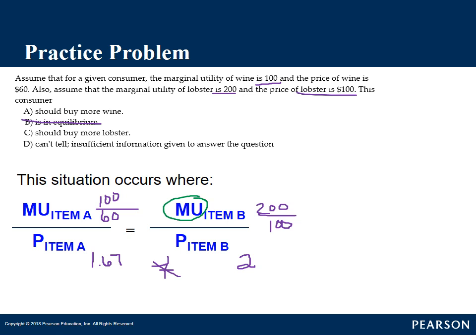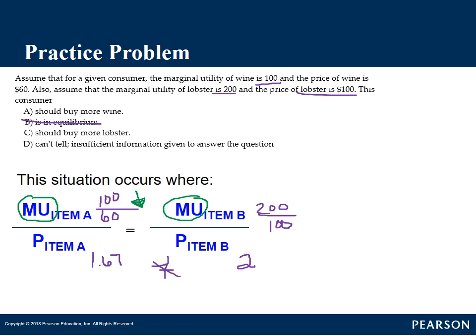If you have 4, 5, 6, 7, 8 hamburgers, if you have 8 hamburgers, getting a 9th hamburger probably isn't going to mean hardly anything to you and isn't going to give you any satisfaction after you've already had 8 hamburgers. In fact, it's probably going to give you less satisfaction. You'll probably get sick if you eat that many hamburgers. So recall here that if we buy more wine, the marginal utility of the wine will decrease.